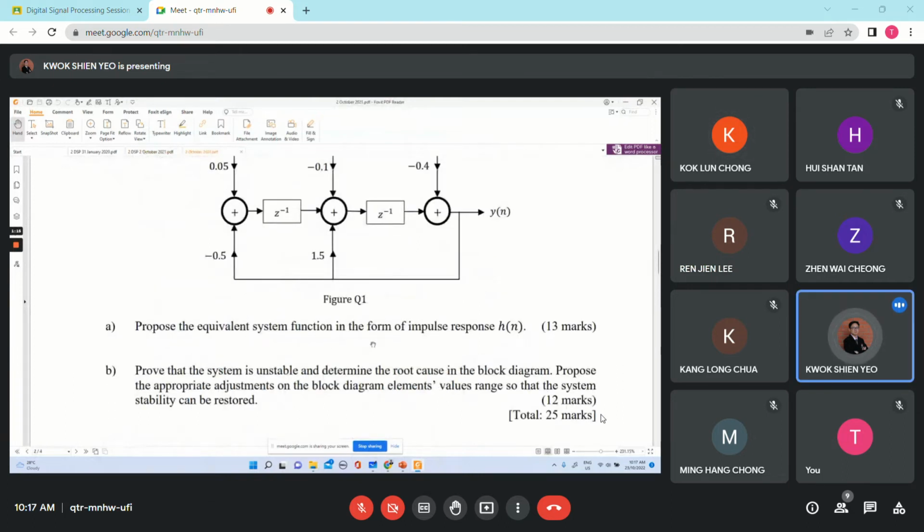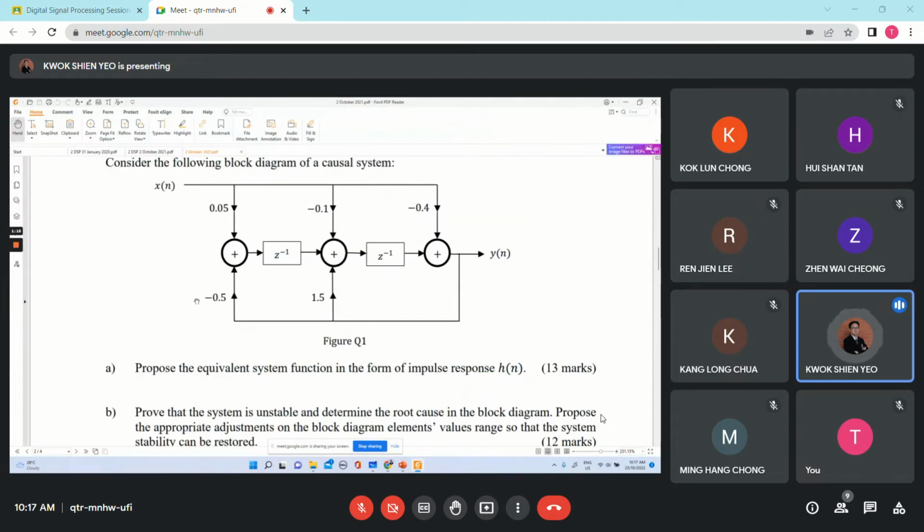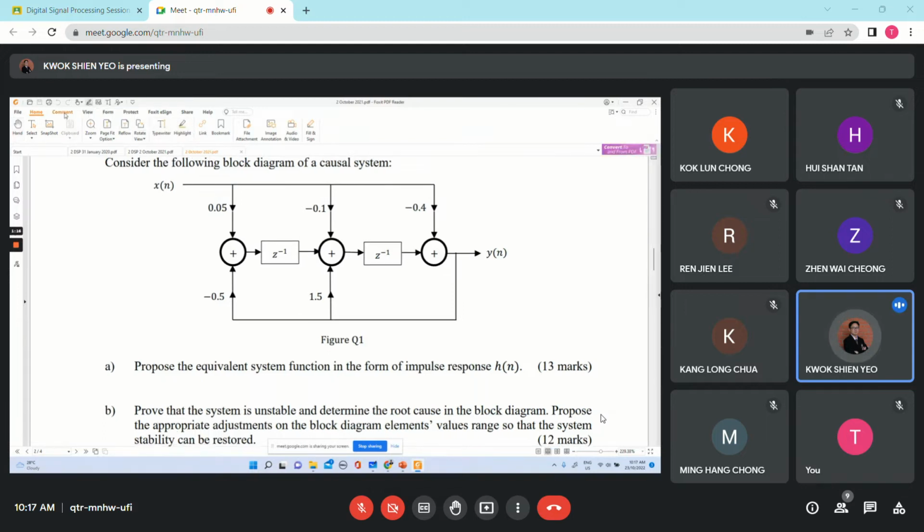Okay. Propose the equivalent system function in the form of impulse response h[n]. So first you need to get the difference equation from here. What happened here is there's some feedback. So there is one minus 5y[n] here, and there is a 0.05x[n] here.